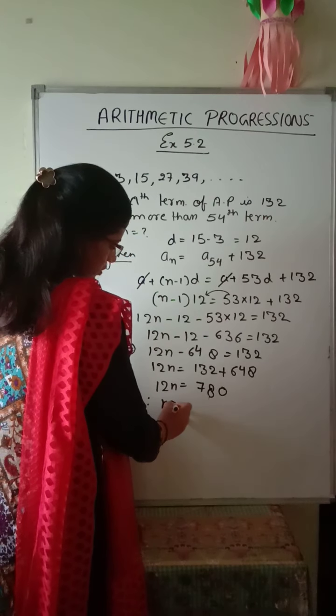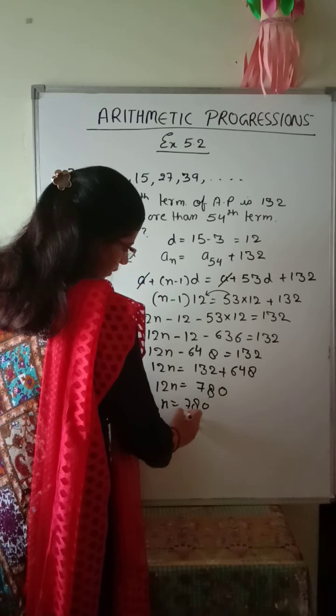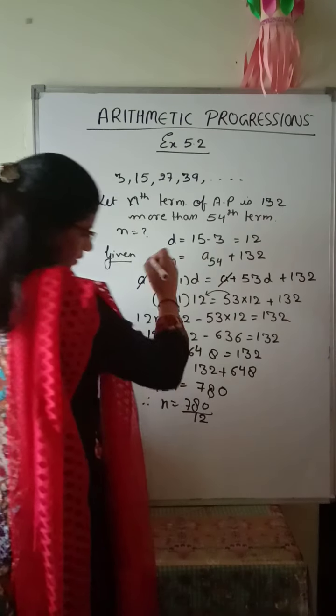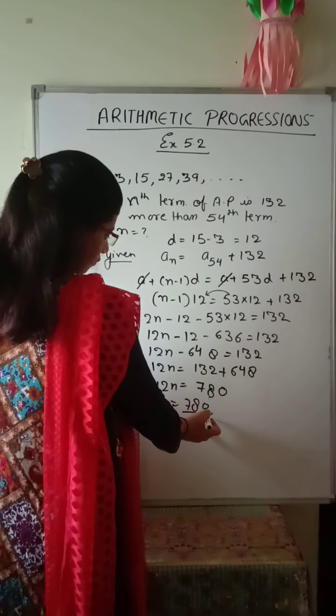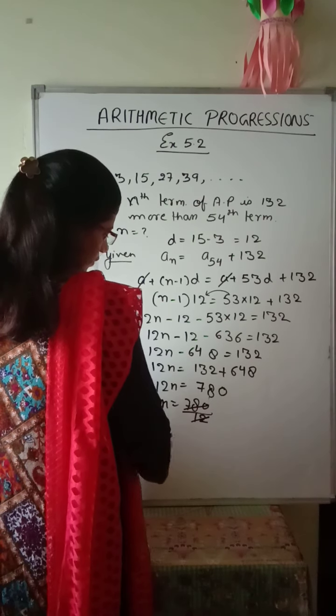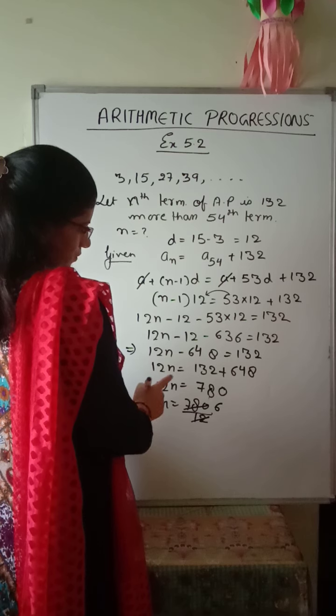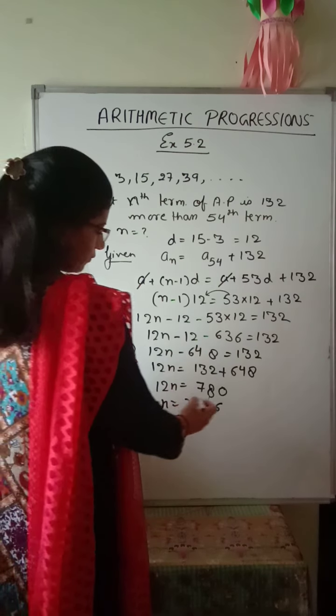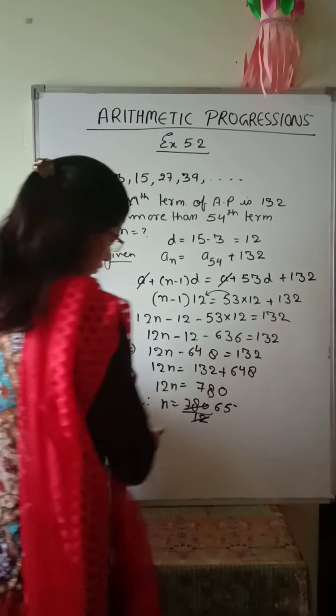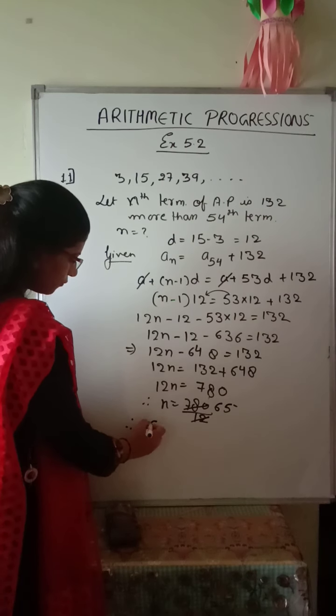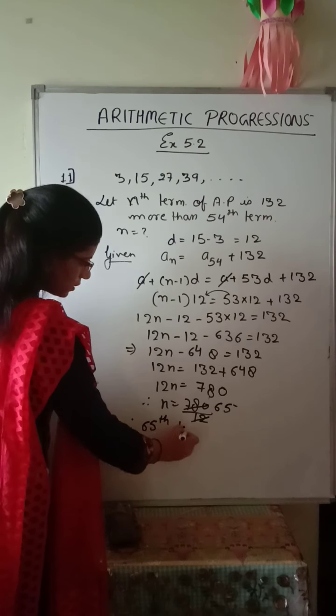Therefore n equals 780 divided by 12. 12 sevens are 84, 12 sixes are 72, 6 is left, 12 fives are 60. So therefore the 65th term. Okay.